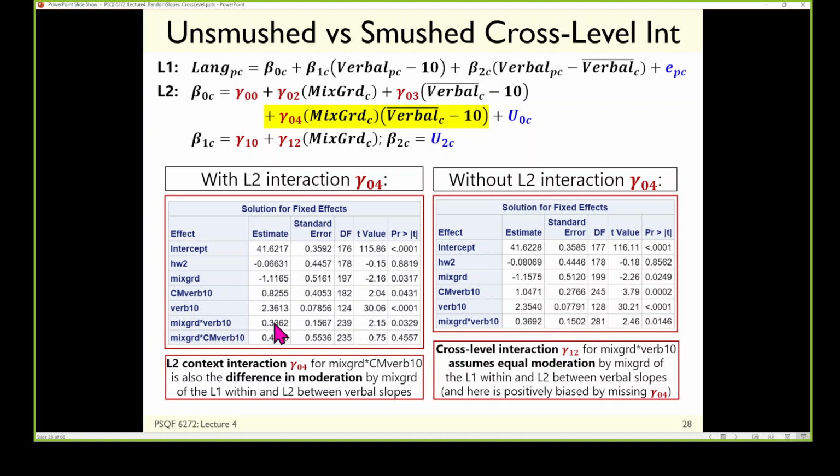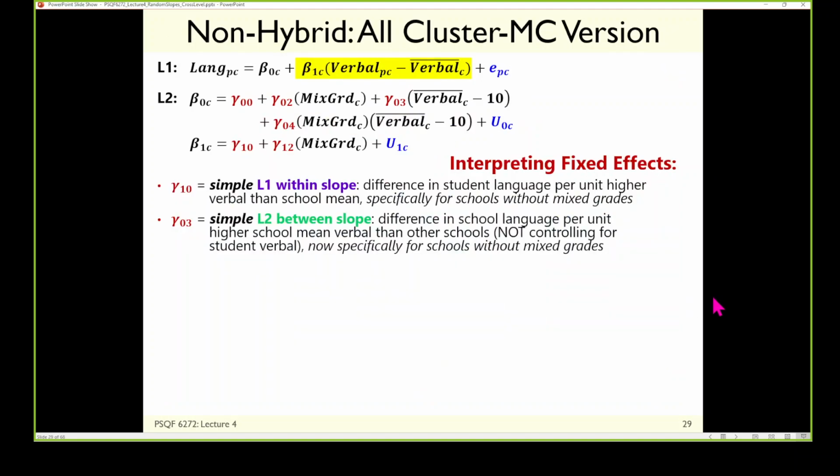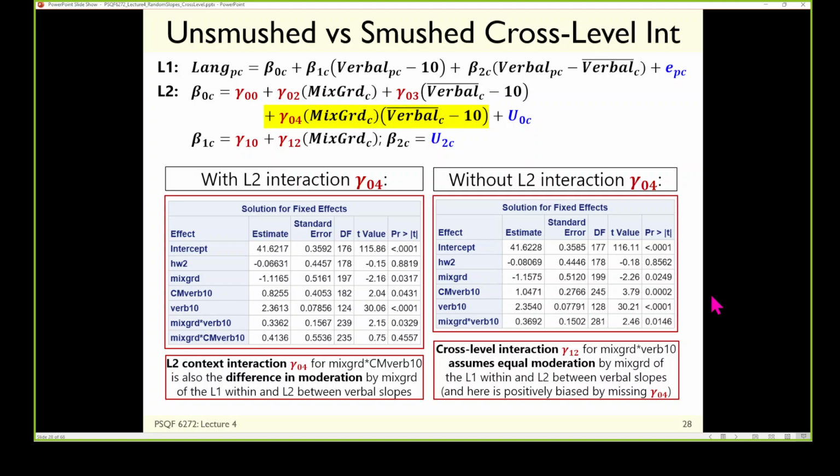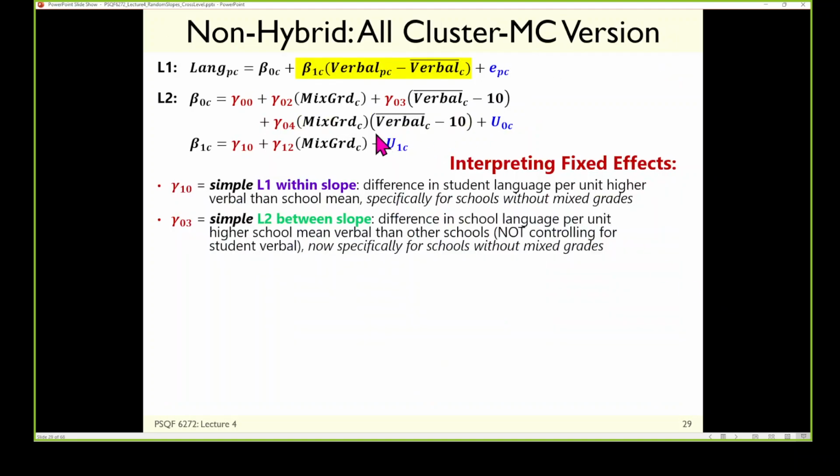But it is very close to the cross-level interaction over here because most of the information in this model is at level 1. It's pulling it that way. Okay, yeah. And if this is making your head hurt to sort out contextual and between and smushed, I got a remedy for that. Cluster mean centering for everything. Then what you have is within and between, no matter what.